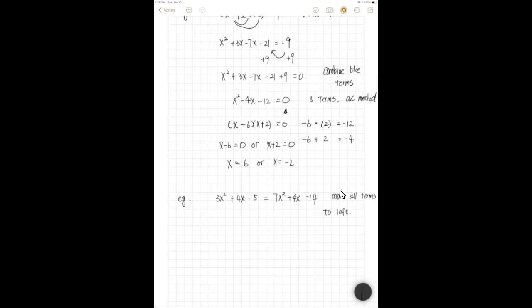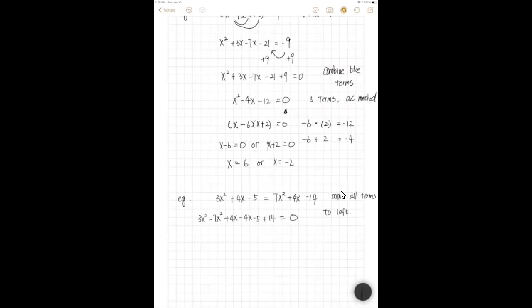So we subtract 7x squared on both sides, and then we want to subtract 4x on both sides. We also want to add 14 on both sides. So our right side is equal to 0.